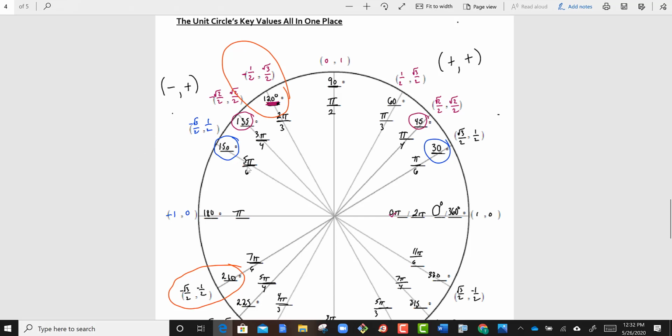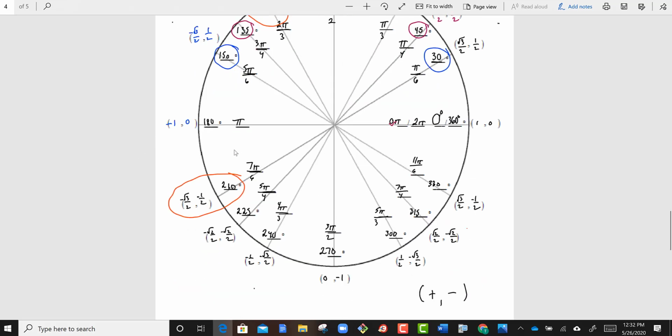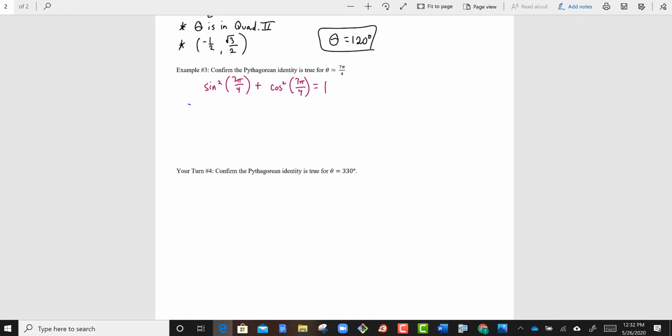It is in quadrant 4. Here's the ordered pair. The x-coordinate is positive. The y-coordinate is negative in quadrant 4. So it's going to be positive radical 2/2 squared plus negative radical 2/2 squared.